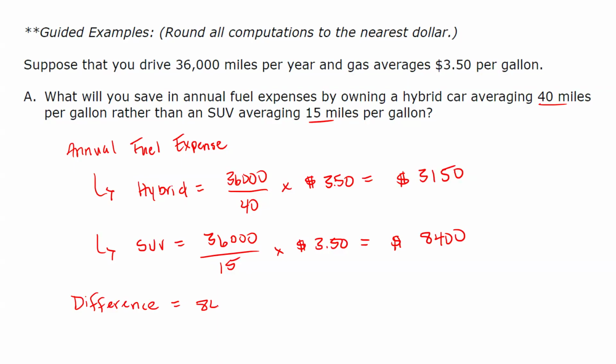So 8,400 minus 3,150 will equal 5,250. Doing math in my head. And you can check that in the calculator as well. $5,250 is the difference between the hybrid and the SUV in terms of the cost of annual fuel.